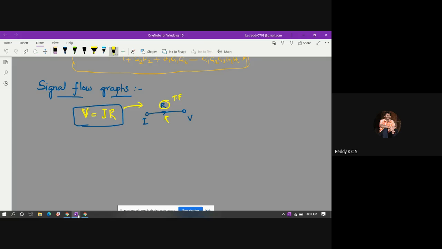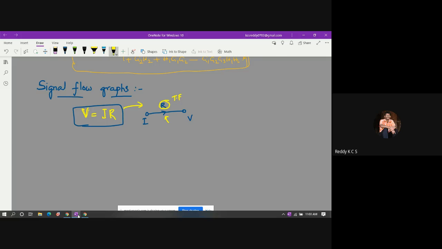The transfer function is nothing but the mathematical operation that takes place to get the output variable. The output variable is V is equal to I into R. Like this, we represent it in the form of a signal flow graph.